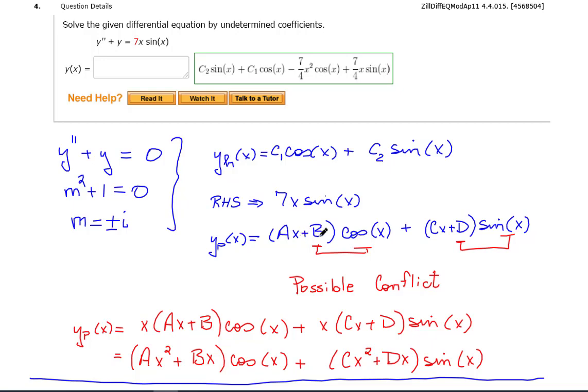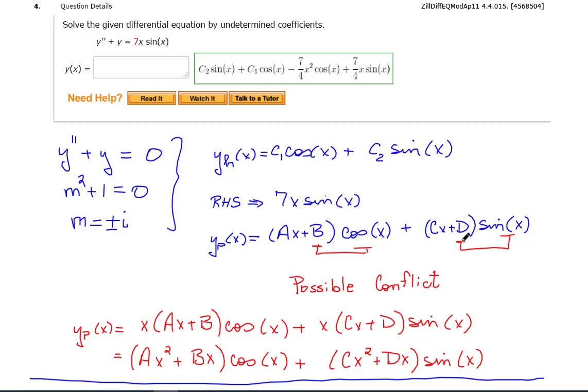So I've got the ax plus b and the cx plus d because of the 7x. Now if I distributed this, I'd get ax cosine x. There's no problem. But this b times a cosine could present a problem here.